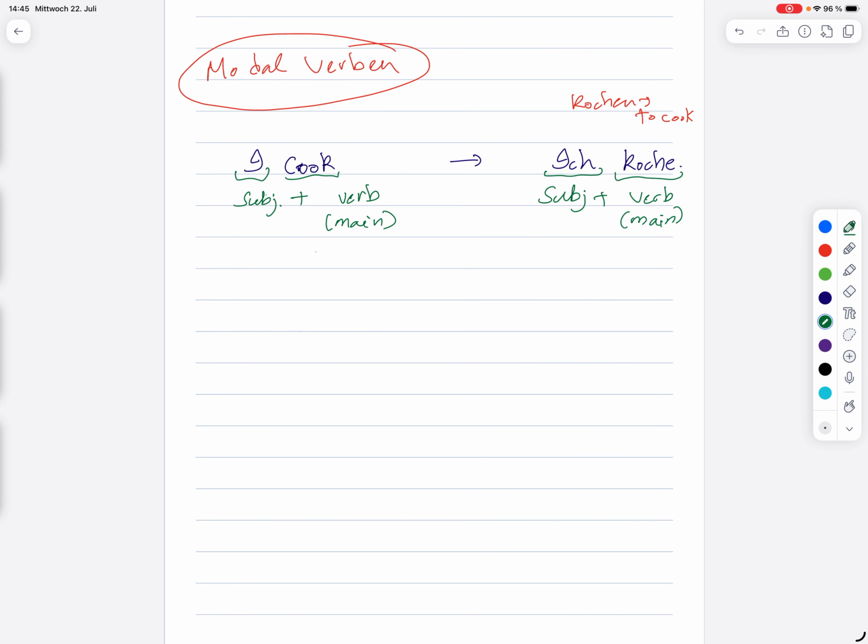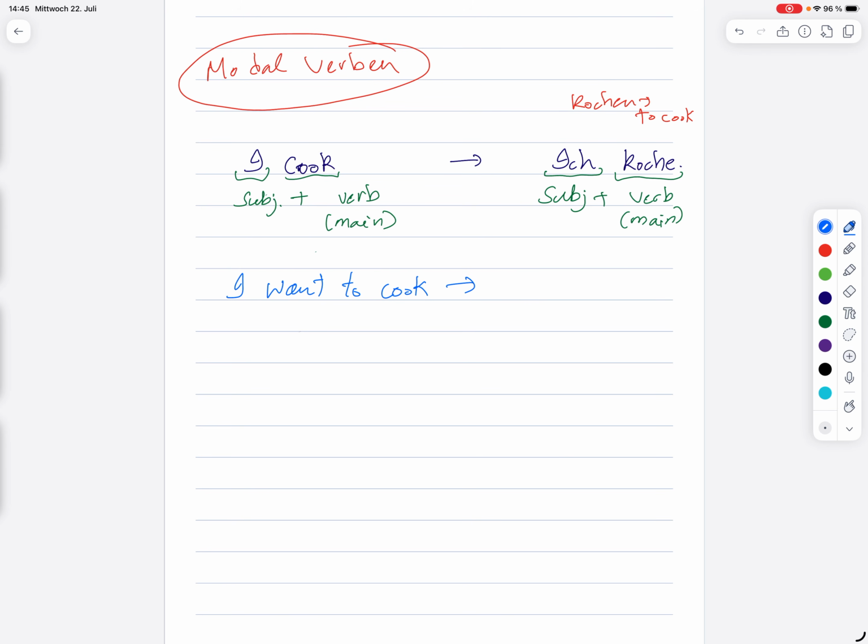Now suppose we want to express this activity in a different way. For example, in English we say I want to cook, I have to cook, and I would like to cook. Let's take I want to cook.